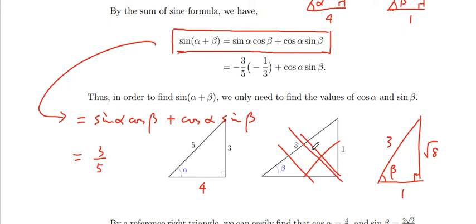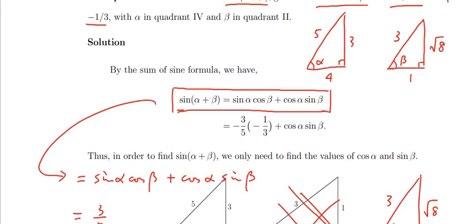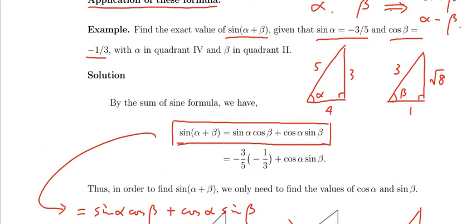We need to know where the angle alpha is. Let's check here. It says alpha is in quadrant 4, and beta is in quadrant 2. So we know sine alpha in quadrant 4 is negative, right?